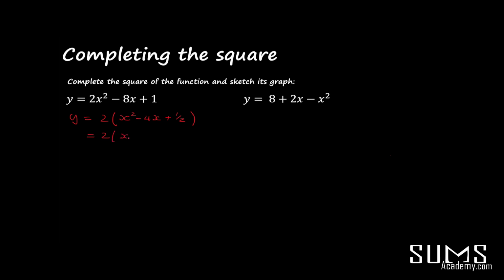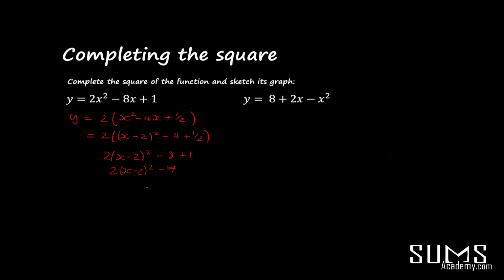So this becomes (x minus 2) squared minus the square of this, which is minus 4, plus 1 over 2. And then you want to multiply this whole thing out. So 2 times (x minus 2) all squared minus 8 plus 1, so equals 2(x minus 2) squared minus 7.